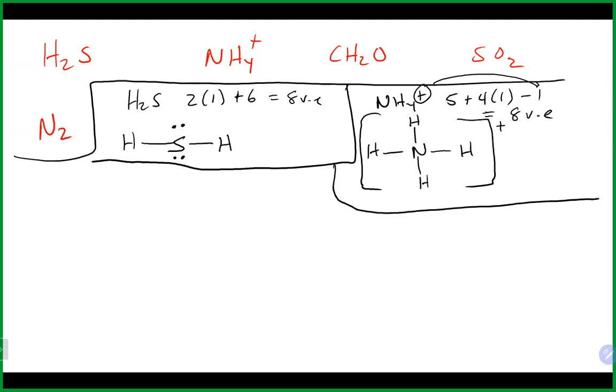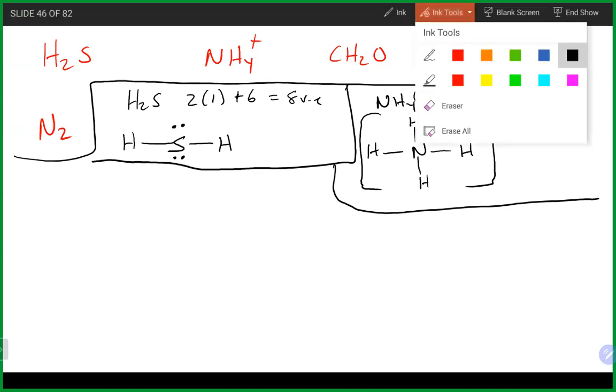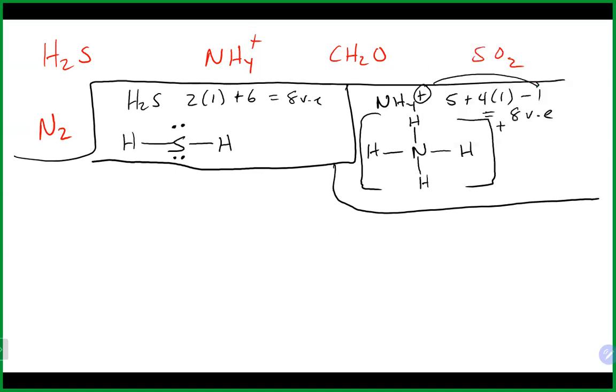Looking at the next one, we have CH2O. Carbon is 4, there are 2 hydrogens each at 1, and our oxygen is 6. That is 12 electrons in this case. We know for sure that hydrogen should not be in the middle.